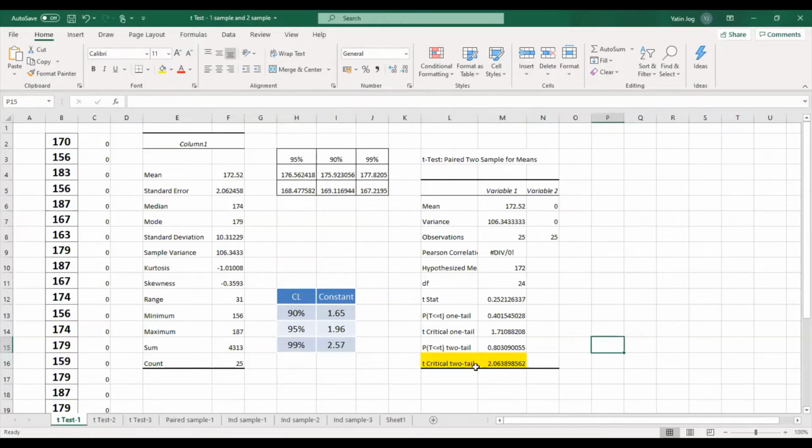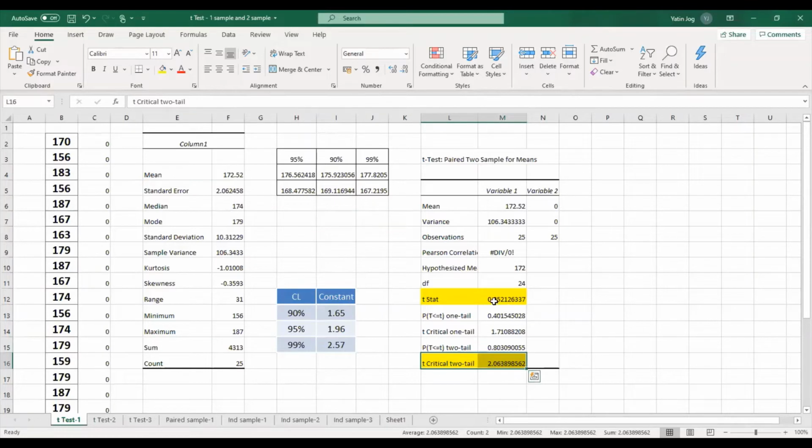So instead of looking at the t table every time, in Excel this row will give you the table value of t, 2.06. And then the calculated value, if you use the formula and calculate the t statistics, comes as 0.25. So this is your calculated value and this is your table value.